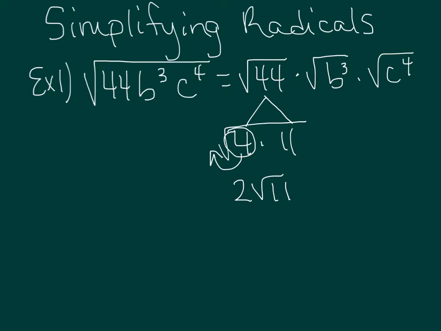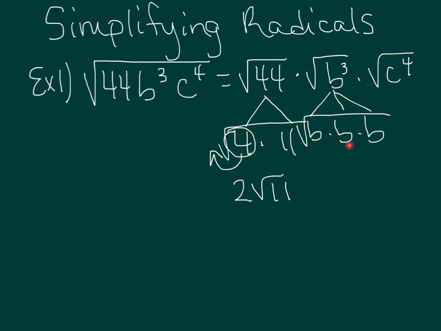Moving on to the b cubed, technically I'm working with the factors of b cubed as well, which would be b times b times b, all inside the square root. And again, I have a perfect square in here because b times b is b squared. So b squared can actually come outside the radical as b, just like 4, which is 2 times 2, came out of the radical as 2.